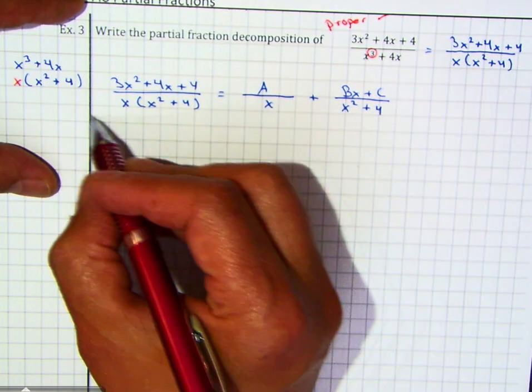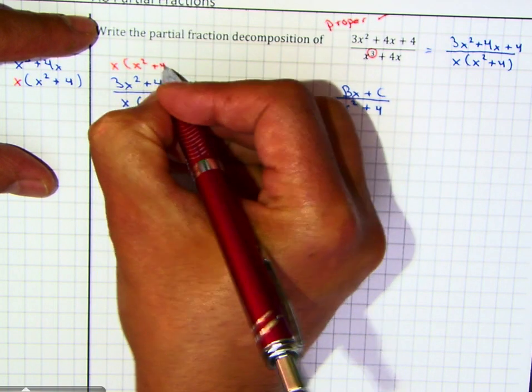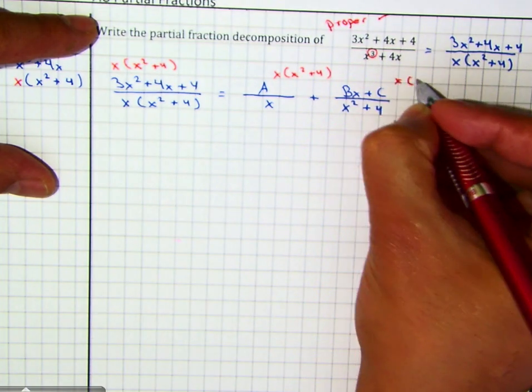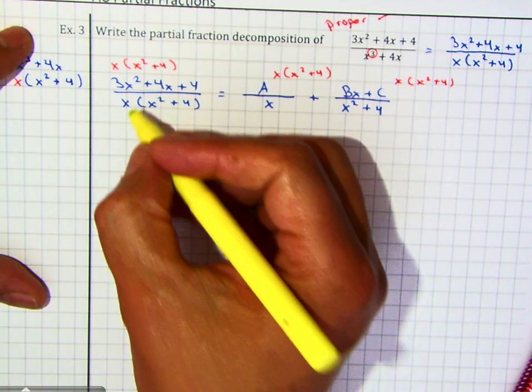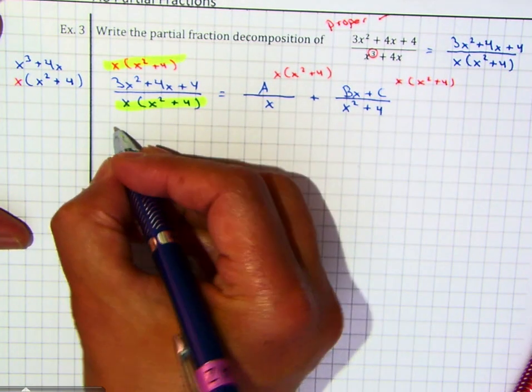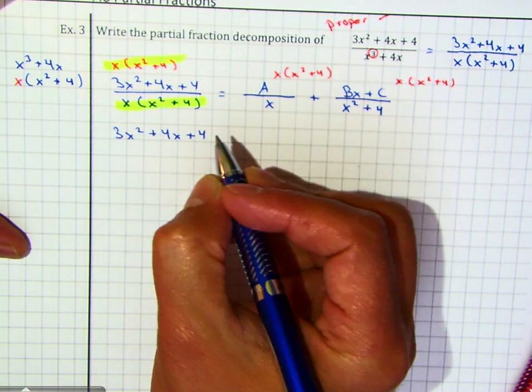We want to get rid of the denominators once again, so we can multiply by x squared plus 4, x squared plus 4, x squared plus 4. On my first one, everything cancels out. So therefore, I have 3x squared plus 4x plus 4.